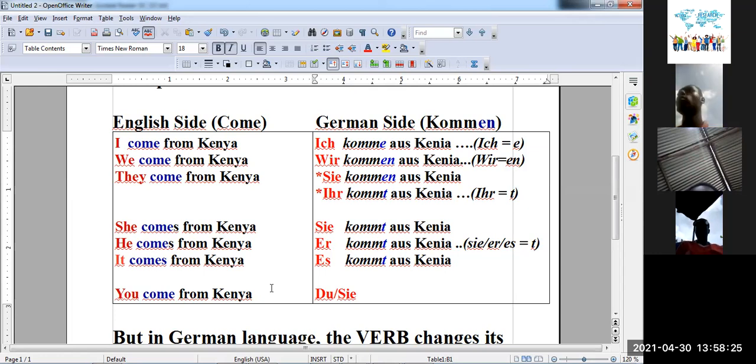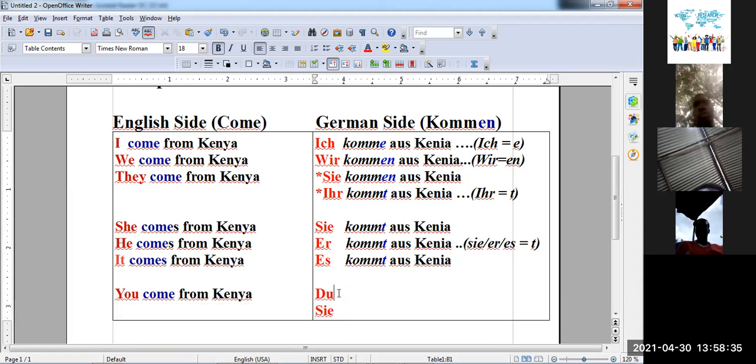But in German, it's not the case. In German language, this is how we split it. Okay? Du is called informal. Okay? Informal. That is no respect. We use it to people you know or people you think are your age mates.